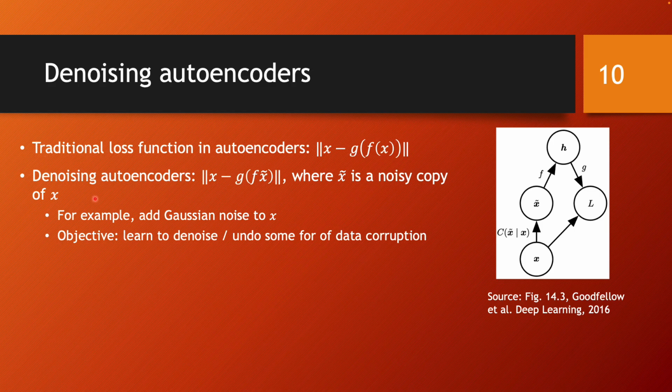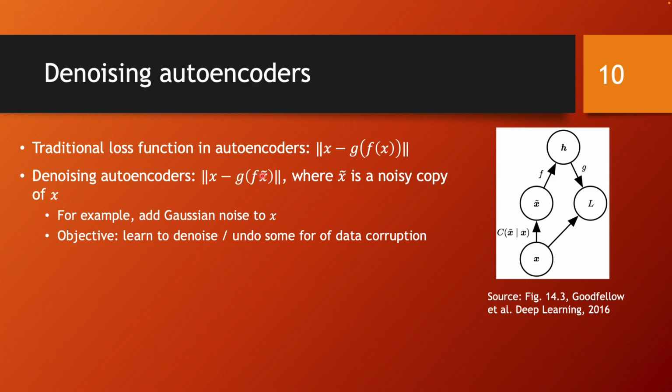Here, when we go to denoising, the concept is that if you are given a noisy version of some input, you would like your neural network to be able to identify, generate the denoised version of the input. So in other words, what you want to have in terms of a loss function is you have the difference between your vector and the output of the network on some sort of a noisy variant of your input.